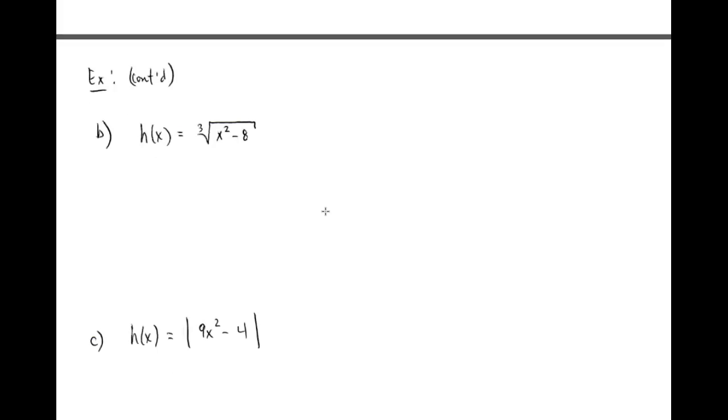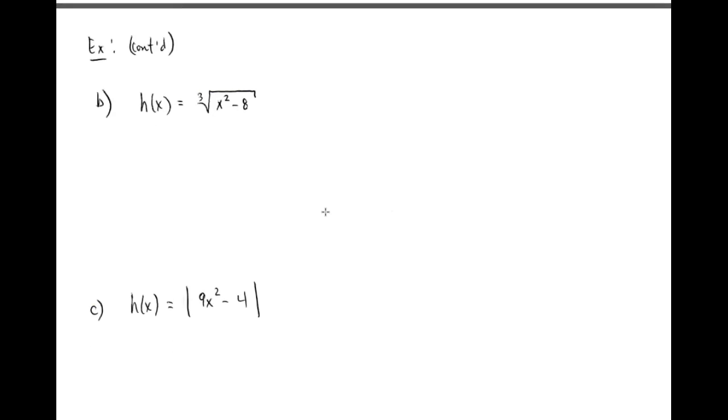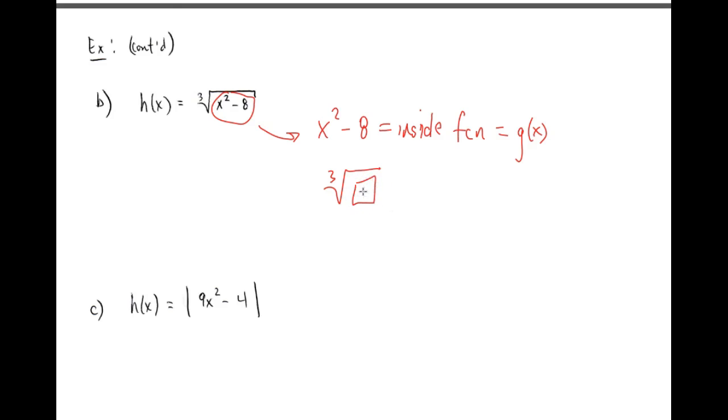For the next example, since we see here that x squared minus 8 is stuffed on the inside of a cubic function, we know that we have x squared minus 8 as being the inside function, which we'll call g of x here, and cube root of blah, and of course in the placeholder we just put an x there.